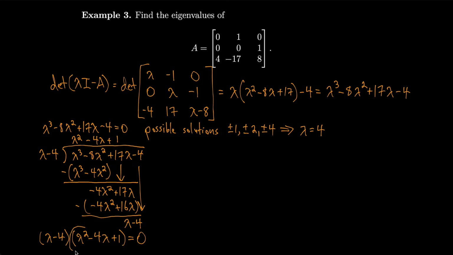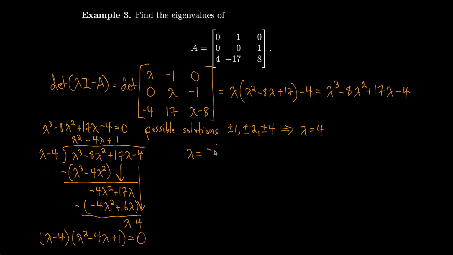Well, that requires me figuring out which lambdas over here make this thing equal to 0. So I'll just use the quadratic formula. I'll set lambda equal to negative b plus or minus the square root of b squared minus 4ac, over 2a.